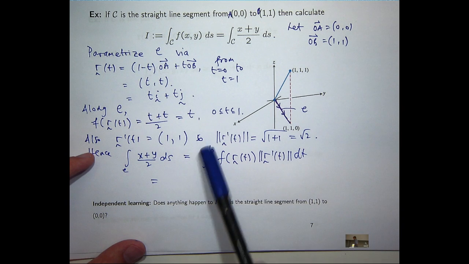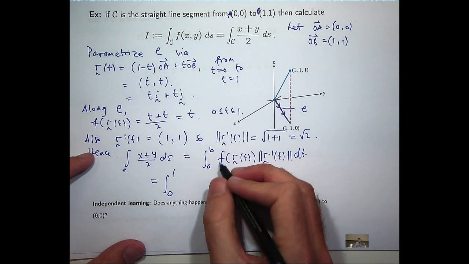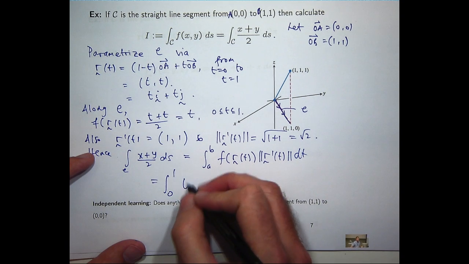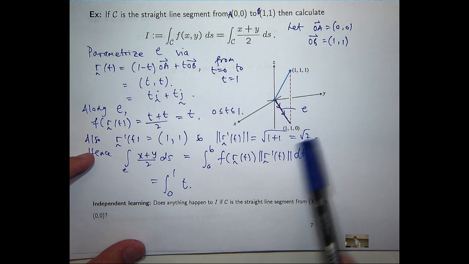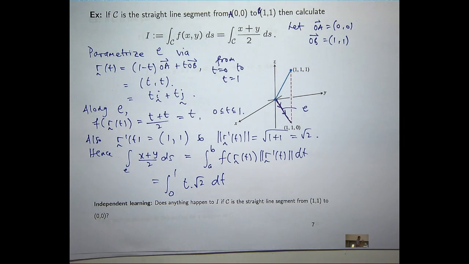And if I replace everything and form my integral, so f of r is just t, the magnitude of r prime is just root 2. So as you can see, I get a really simple integral to actually evaluate.